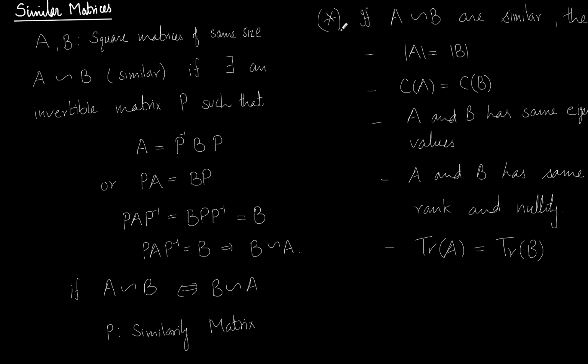This is true only when the matrices A and B are similar. You can obtain two matrices whose determinants are the same but which are not similar. You can even obtain two matrices having the same characteristic polynomial that are not similar.